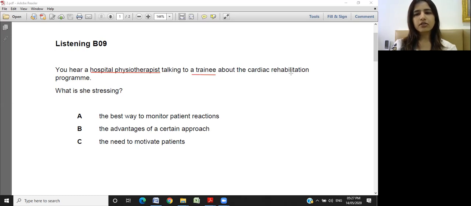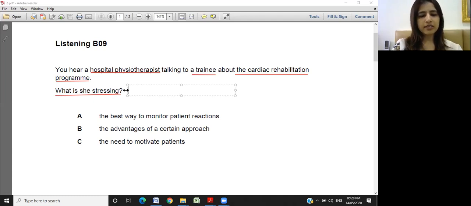The topic is also given: cardiac rehabilitation program. And the question says, what is she stressing? It is already given that the physiotherapist is stressing something. What does the word stress mean here? It has nothing to do with mental disturbance, but it is emphasizing. What is she trying to say is very, very important here?